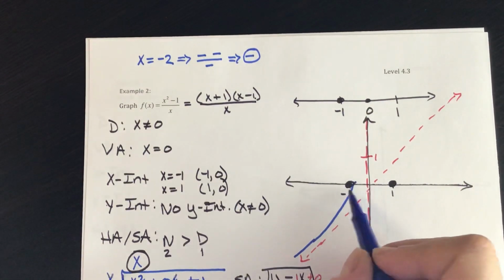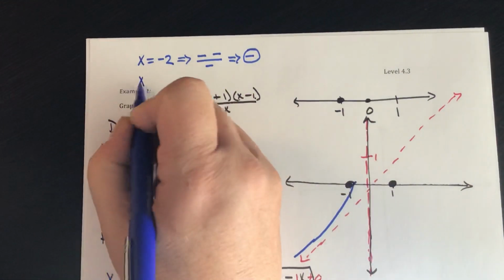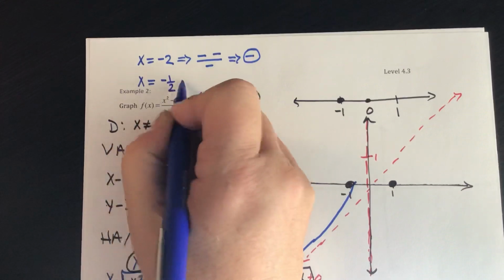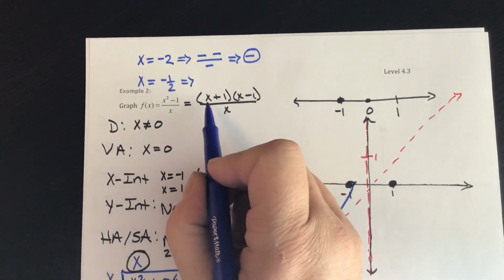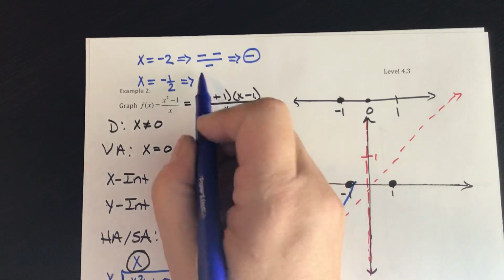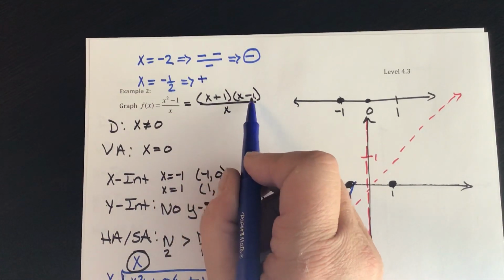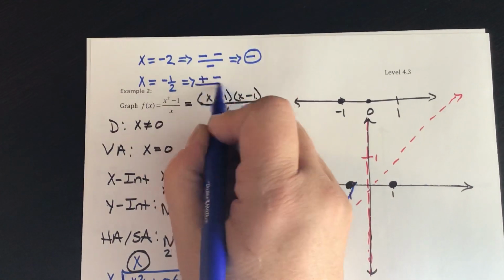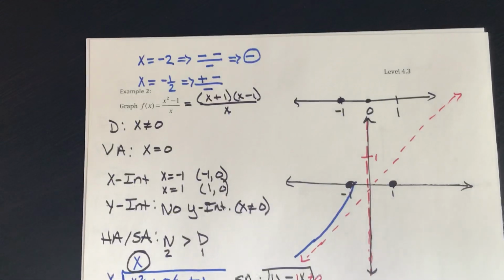Now let's look at what happens between -1 and 0. In that case, I'll pick x is -1/2. When I plug in -1/2, I get -1/2 plus 1 is +1/2. That's positive. Negative minus a number is going to stay negative. And -1/2 on the bottom is negative.